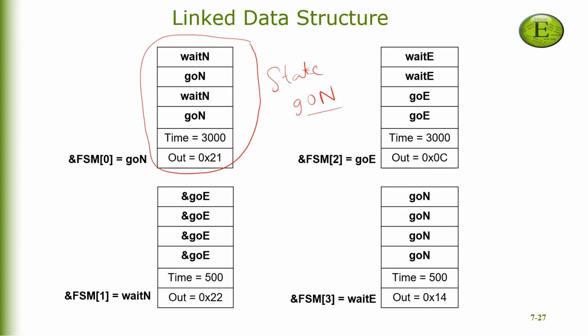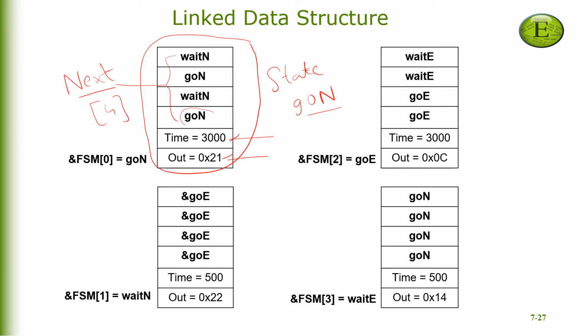This state was defined as a data type containing the output variable and the time, and then the third variable was the next, which was actually an array. The out variable was a simple scalar variable, time also scalar, but the next was an array containing 4 elements, and each element is a pointer.